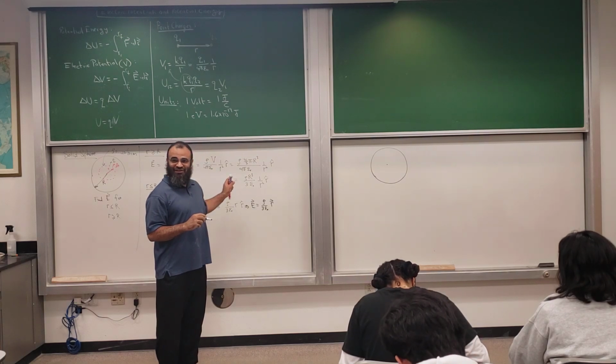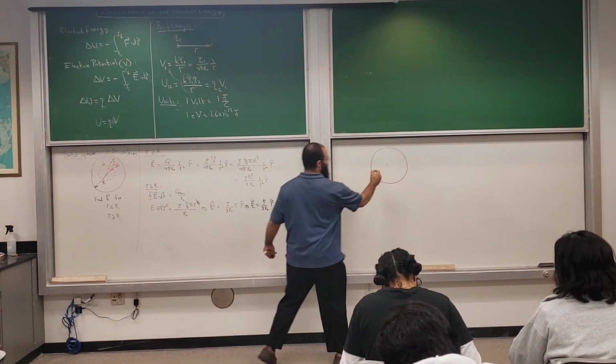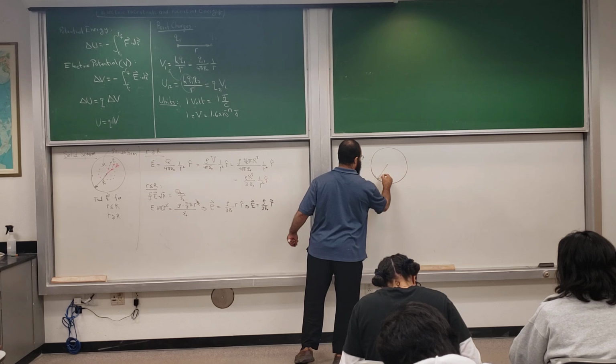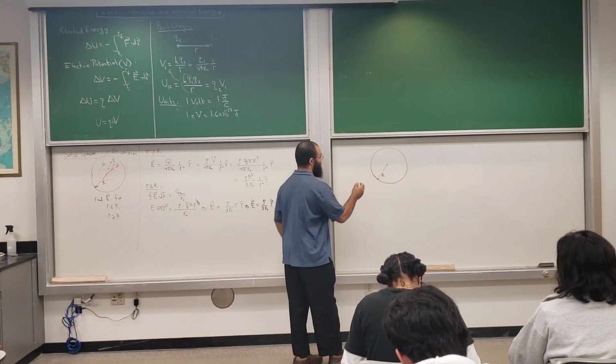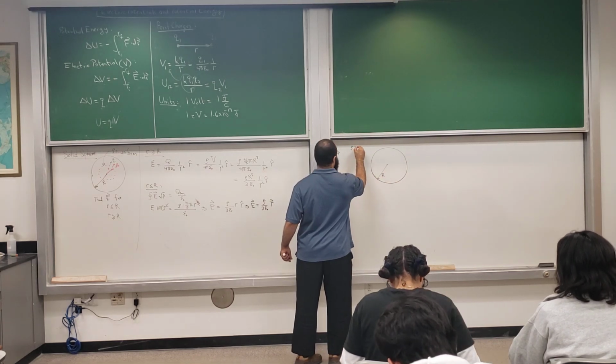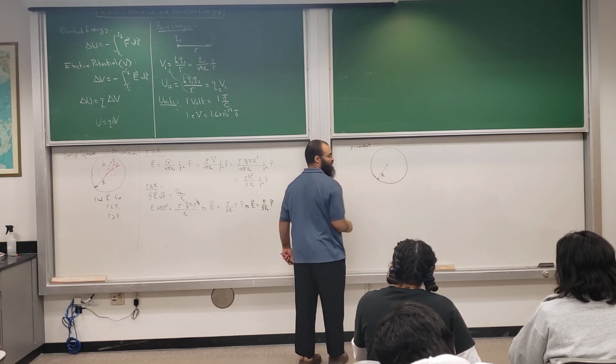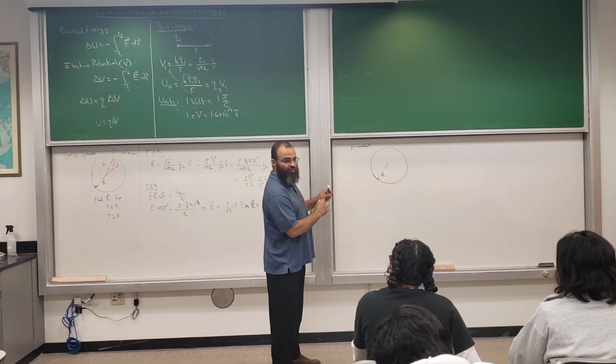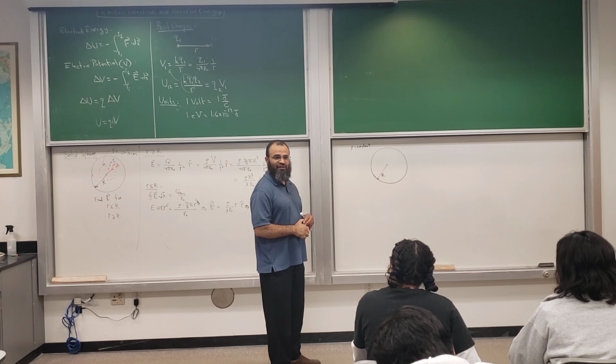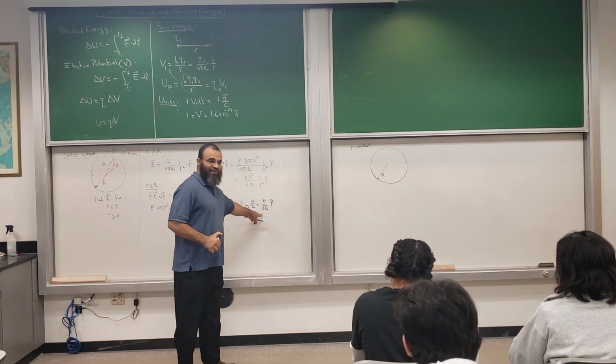Uniform charge density, constant. The radius is still R. Okay, everything's the same. So rho is constant, and radius is R. And we know what the field inside this sphere is, right? It's exactly that.